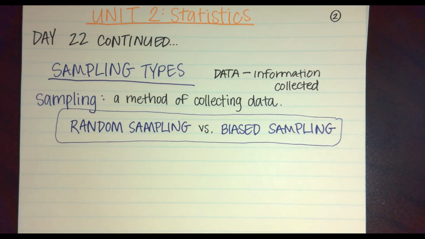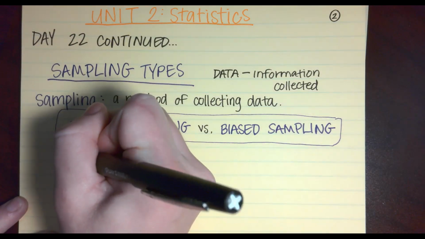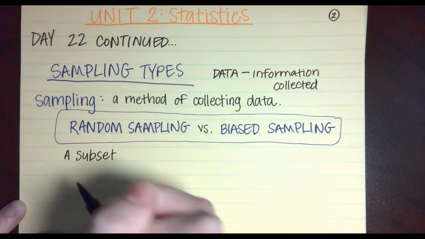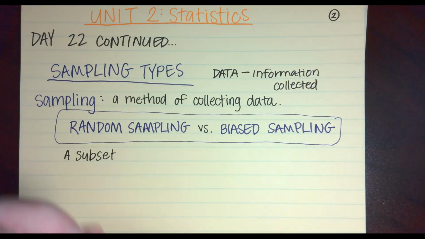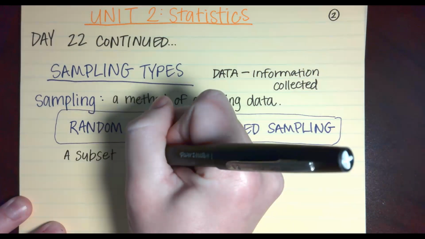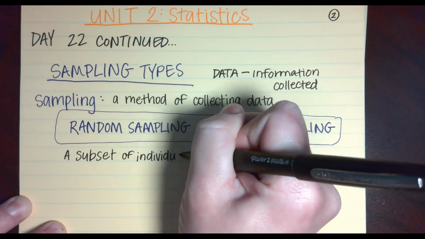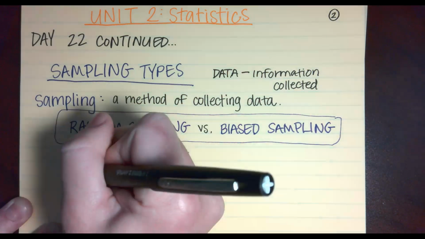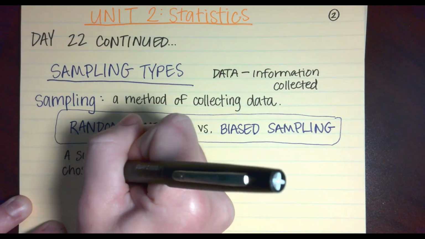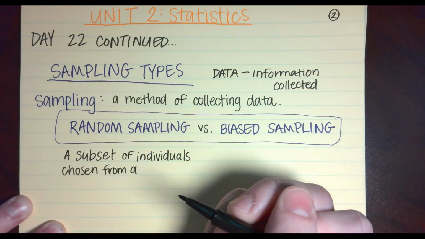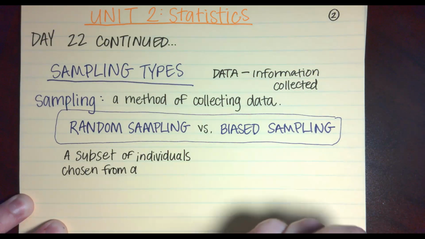So let's give you a good definition of random sampling. It is a subset, and when I say subset, I just mean a smaller portion from a larger population. So it's a subset of individuals that are chosen from a larger set, meaning that we're not surveying or sampling information from every person. It's only a few, but it is random.